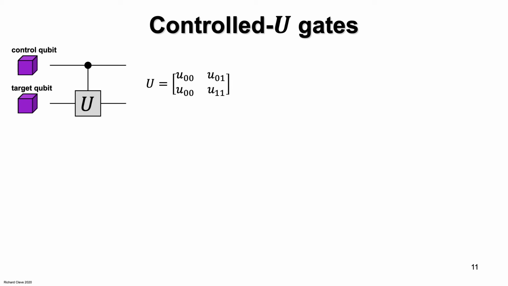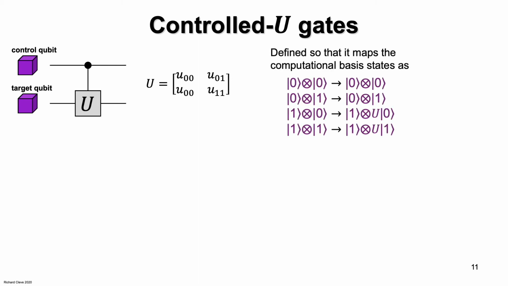This gate has the following effect on the 4 computational basis states. If the control qubit is in state ket 0, then nothing happens. And if the control qubit is in state ket 1, then U gets applied to the target qubit.